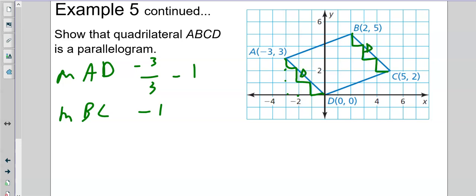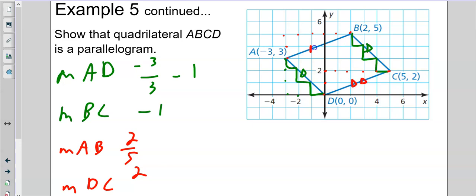Now for AB, I need to count up 1, 2, and right 1, 2, 3, 4, 5. And then down here for DC, I'm going to count up 1, 2, and right 1, 2, 3, 4, 5.